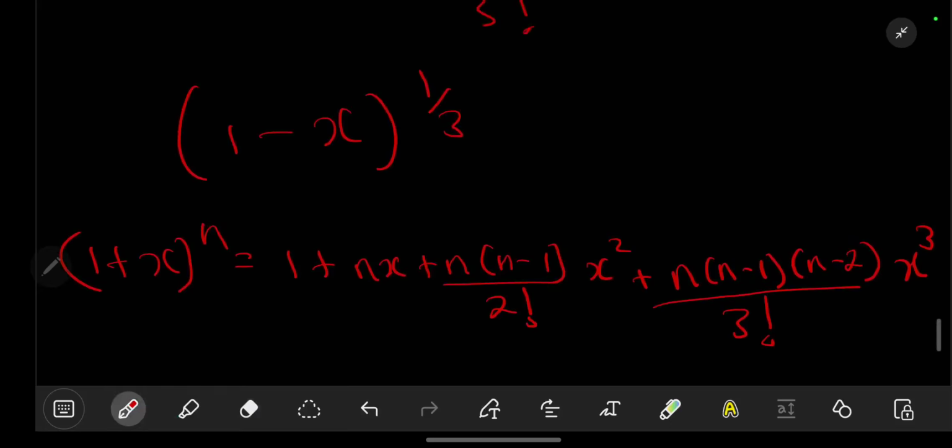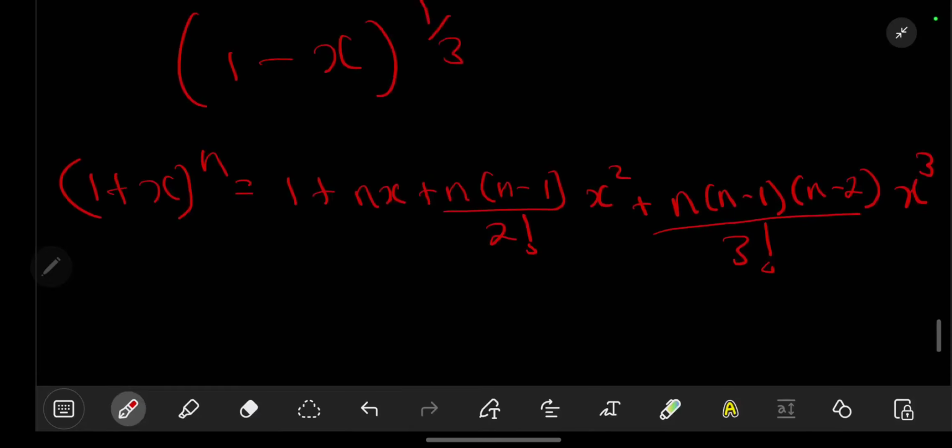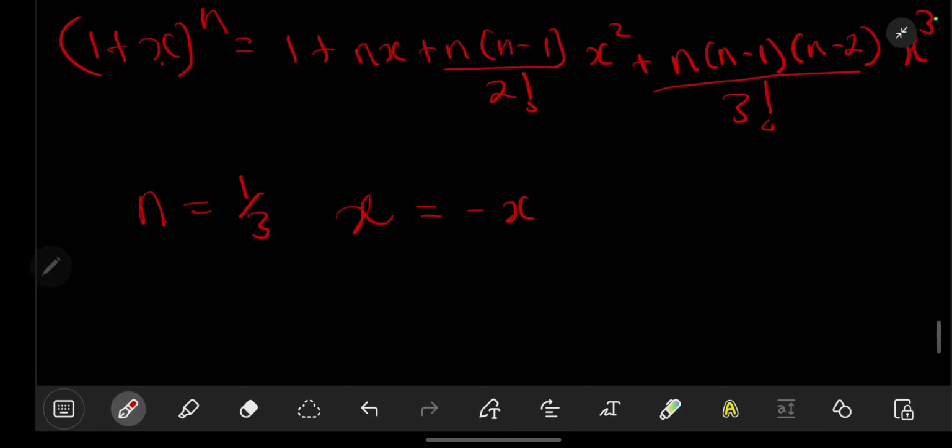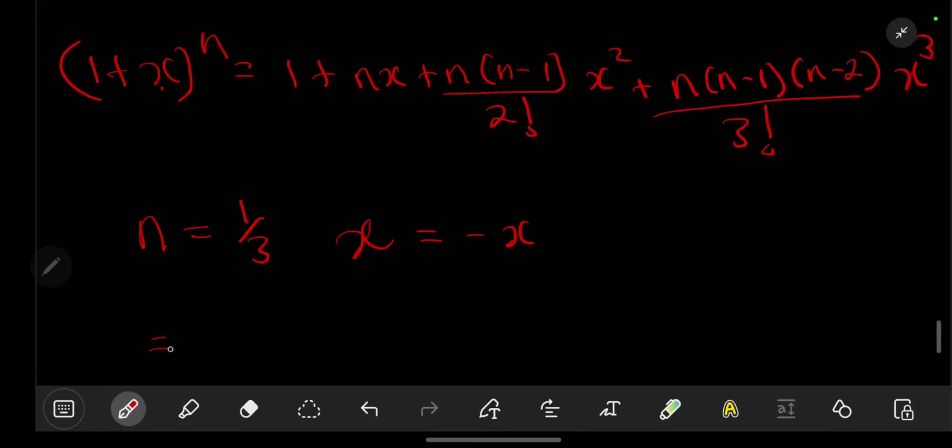So using this, then we are going to say n is equal to 1 over 3. So the power here, n is equal to 1 over 3. Then in this case, this x is equal to negative x. Then just replace. Using that expansion, we are going to have something like 1. Where there is n, you are going to put 1 over 3.